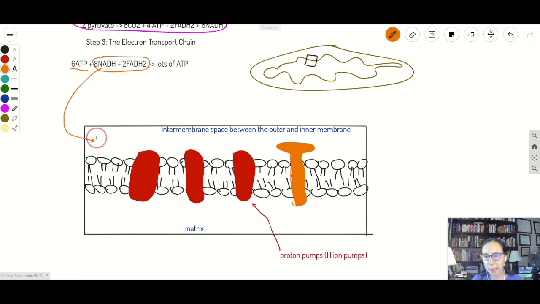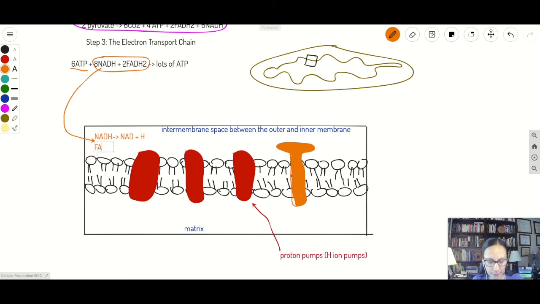So we're going to have NADH, and that's going to turn into NAD plus an H, which is called a hydrogen ion, or sometimes we call it a proton.